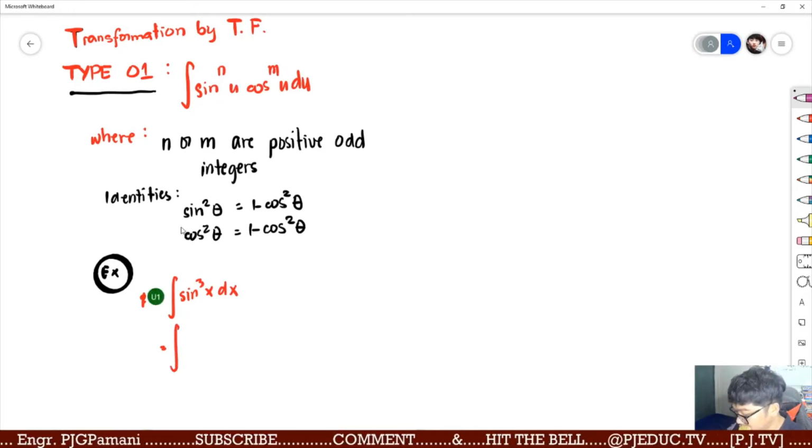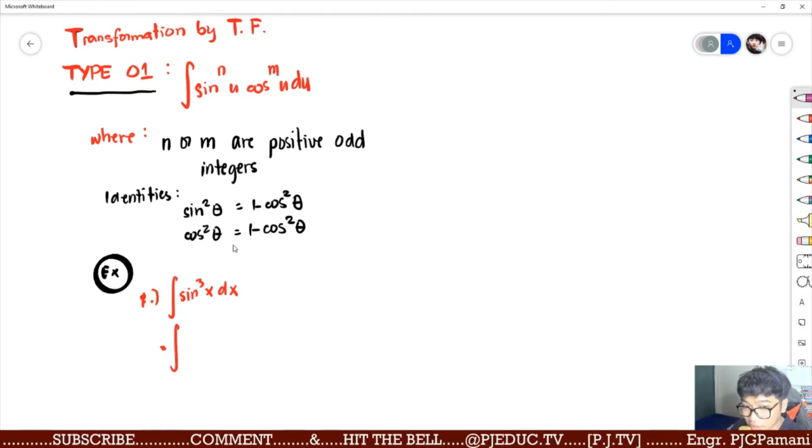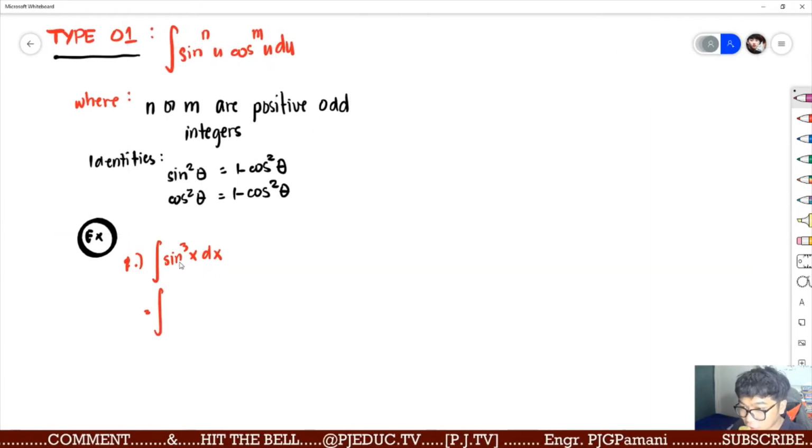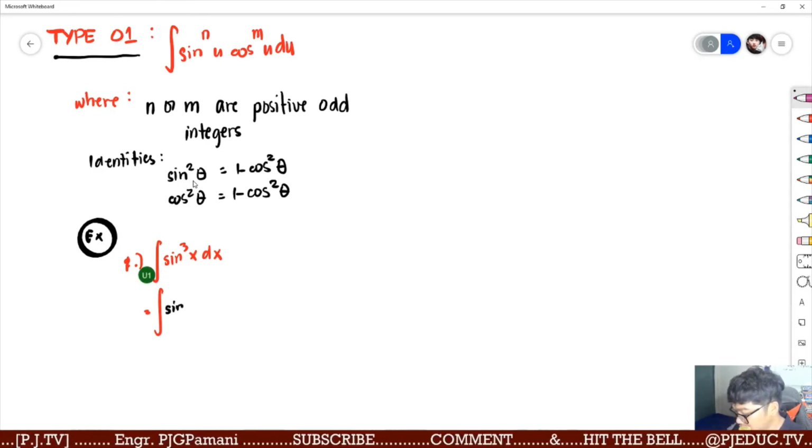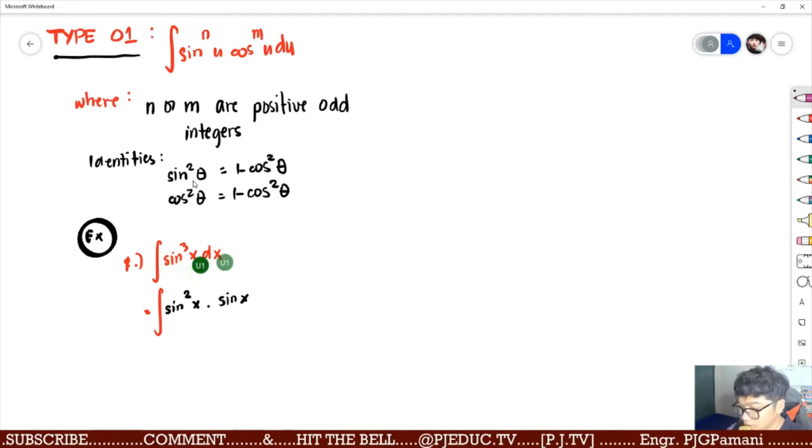First up is for us to play with this integrand. Given that it is sine cube x, for us to apply these identities, we need the sine squared. With that, we know that we can also express this one as sine squared x times sine x, right?